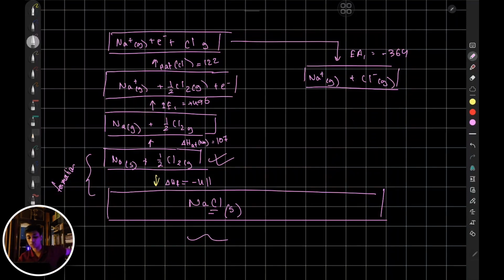Therefore, we know what the direct approach was. The direct approach was taking the set of elements and directly forming NaCl, which is an exothermic process.